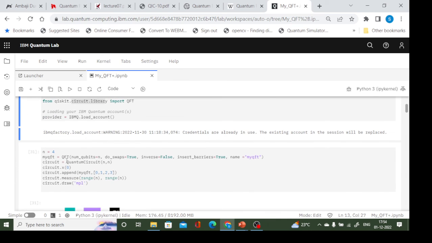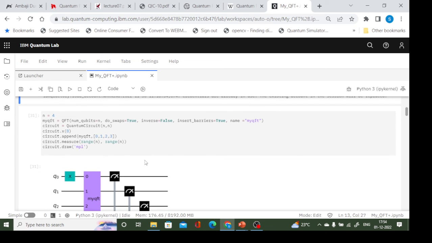So I'm creating a QFT circuit for 4 qubits and just calling the QFT. Interestingly, the same function does both Fourier transform and inverse Fourier transform also. Some people call it QFT dagger. So the only difference it makes here is inverse equal to false, because now we are going to do Fourier transform. Later we will see inverse equal to true and see what happens.